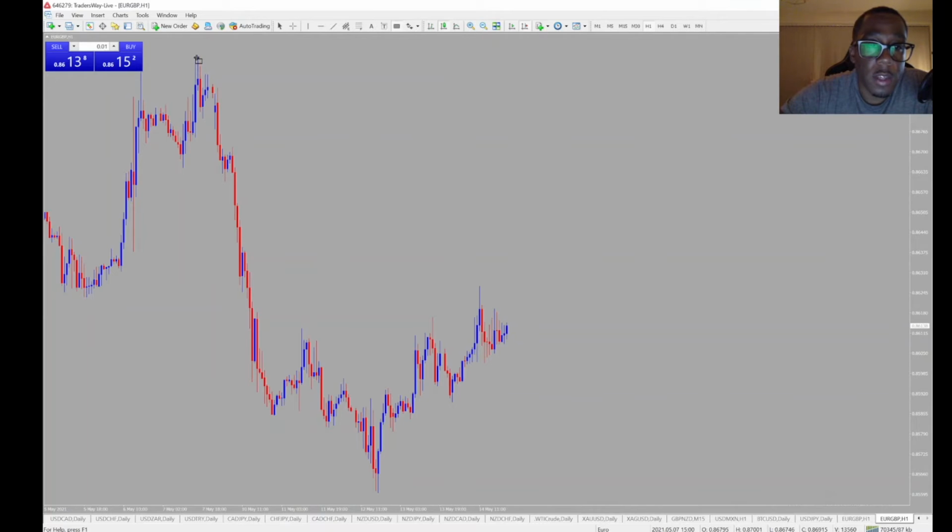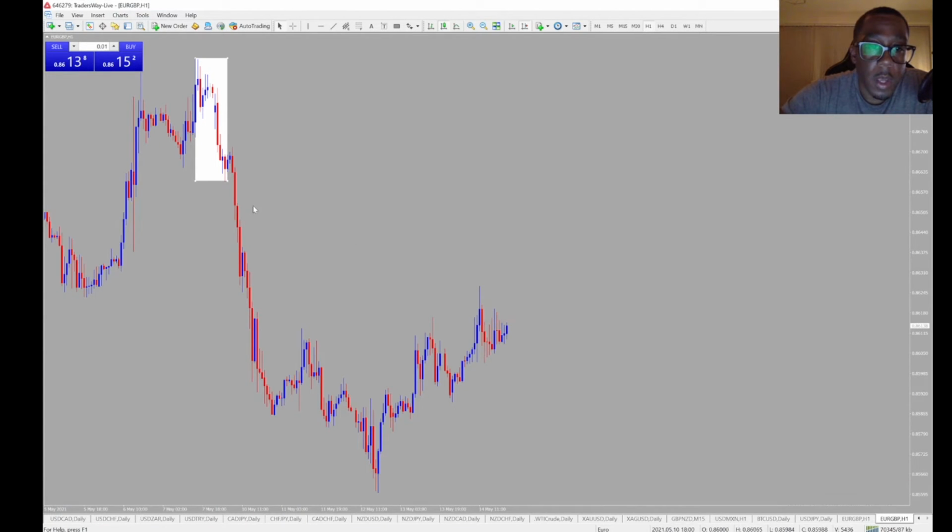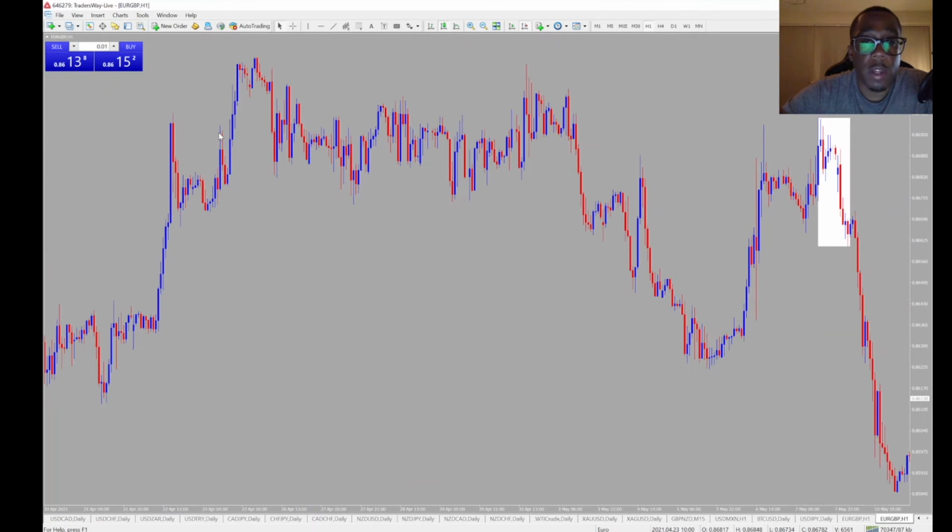If we take this box, because this would narrow it down a little bit better, now in this move alone, there is exactly 40 pips and 12 candles in that move, and the price finished at 0.86605. Now this is how we measure the pips.